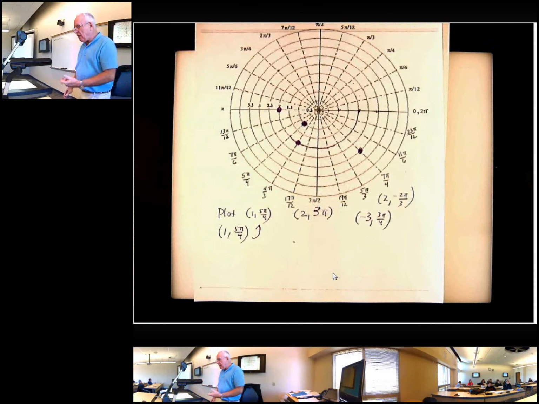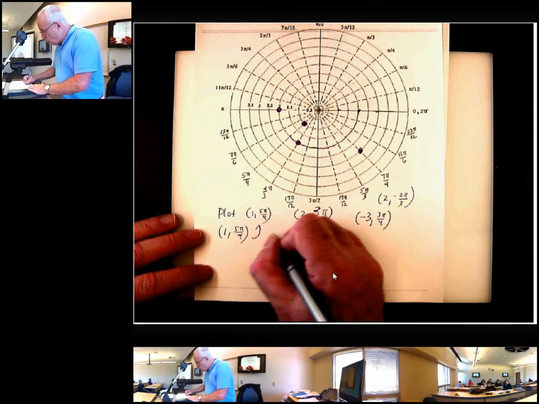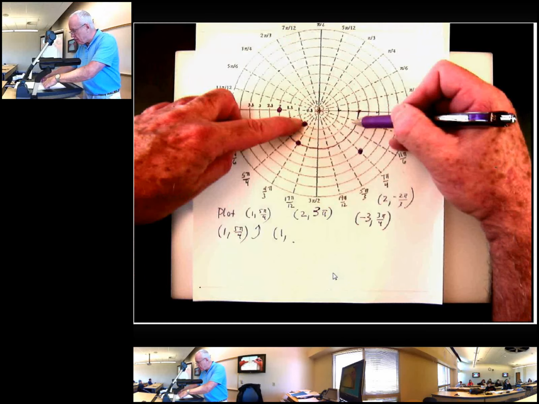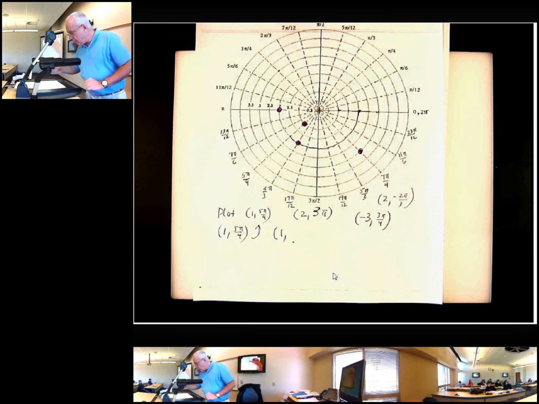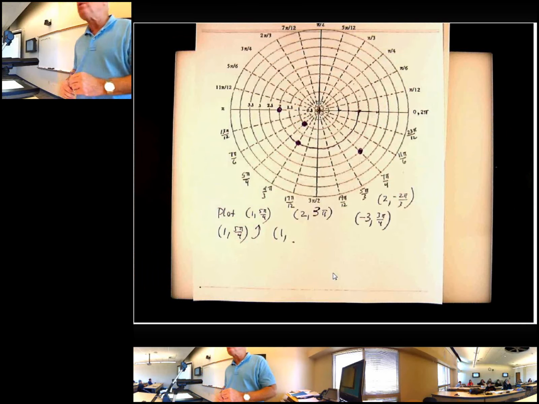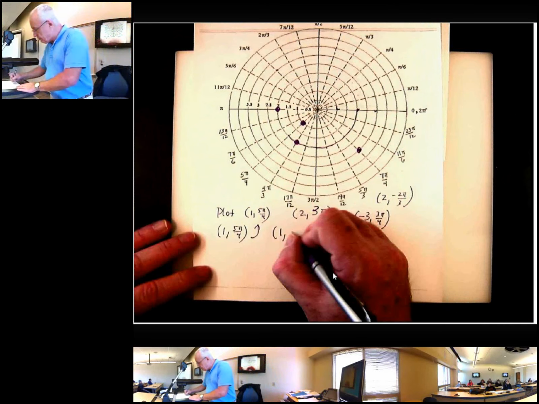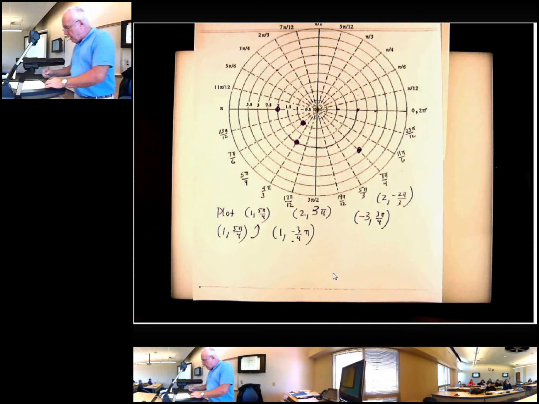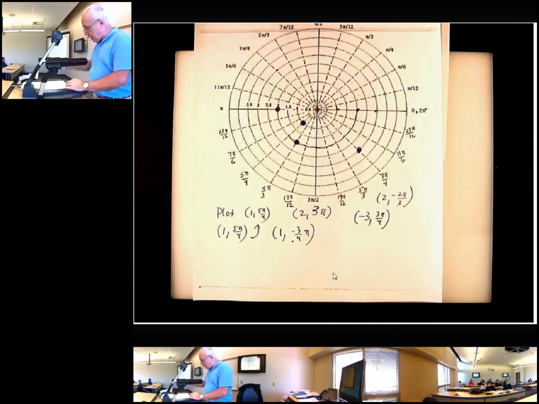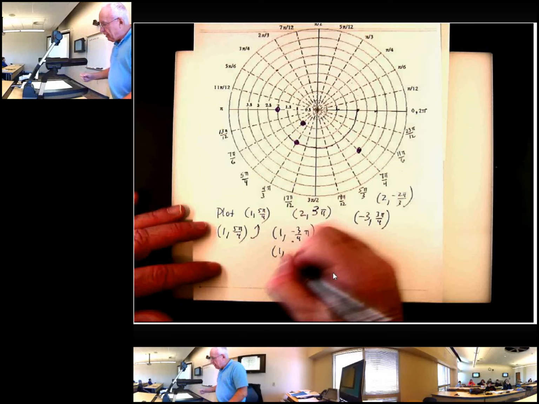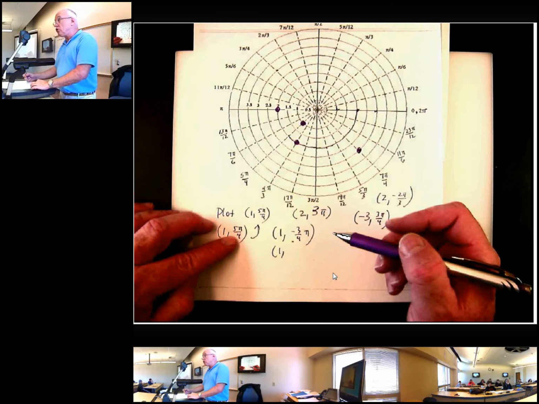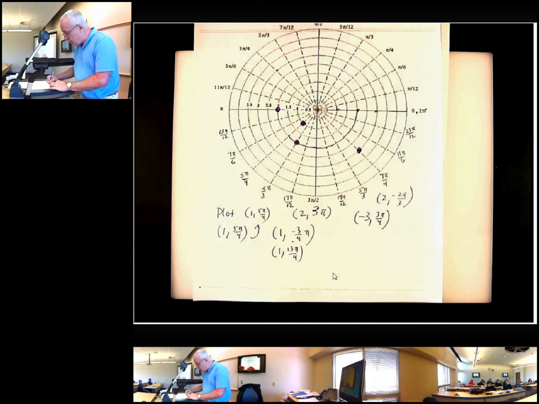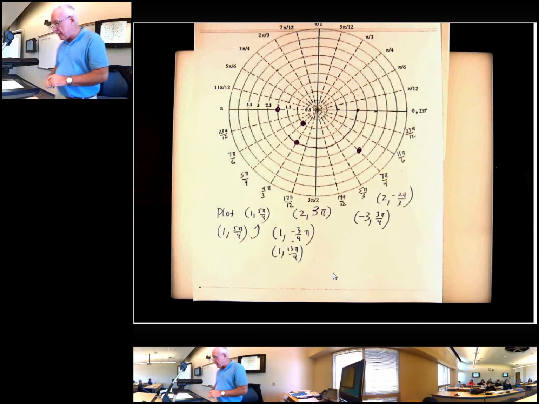But I can represent that as 1, negative 3/4 pi if I go the other direction. Or I could go around another whole 2 pi, 5 pi over 4 plus 2 pi, and that gives me 13 pi over 4, just doing another revolution.